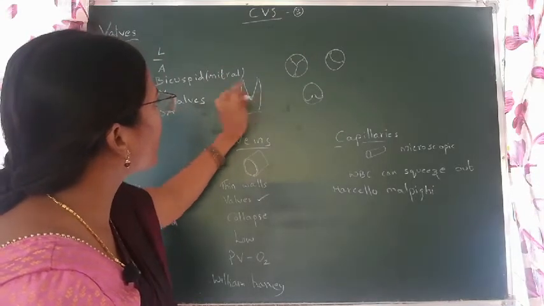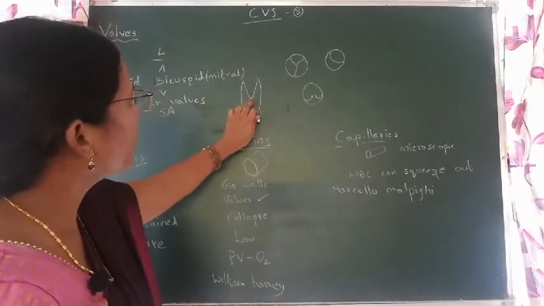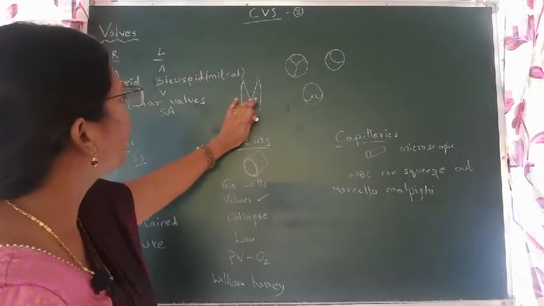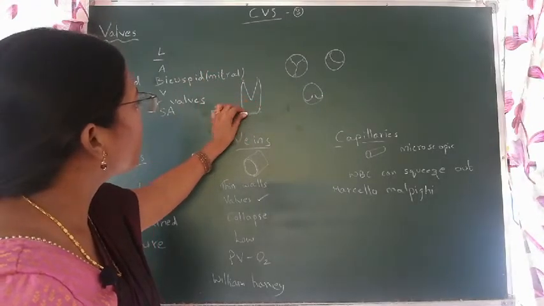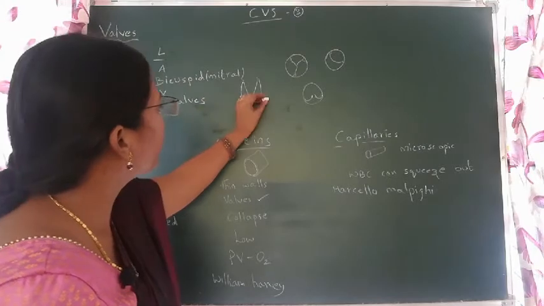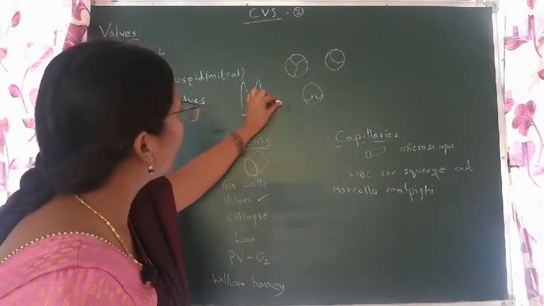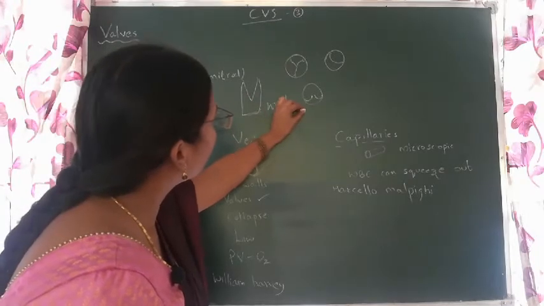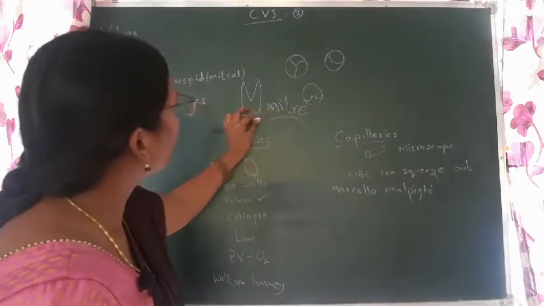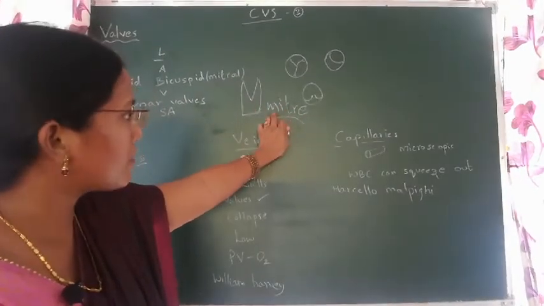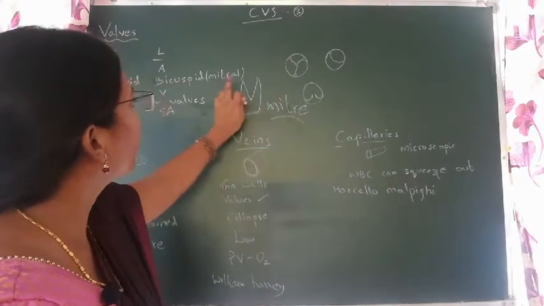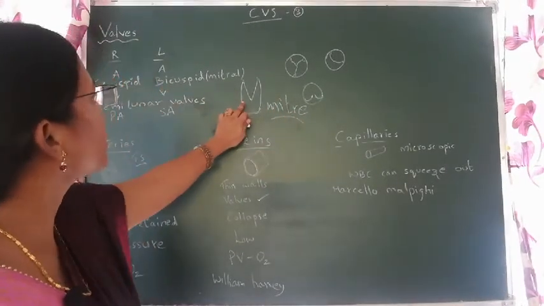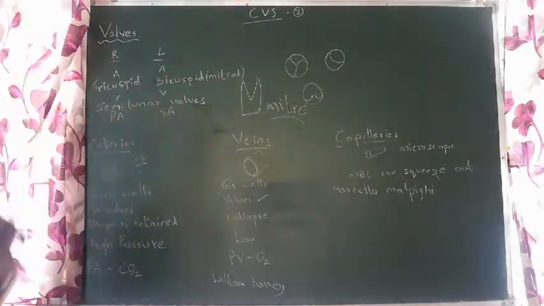So, 2 cusps, that is why mitral valve. So, this cap is referred to as miter. So, from this the word mitral valve, 2 cusps, okay, the cap of a pope or a priest.